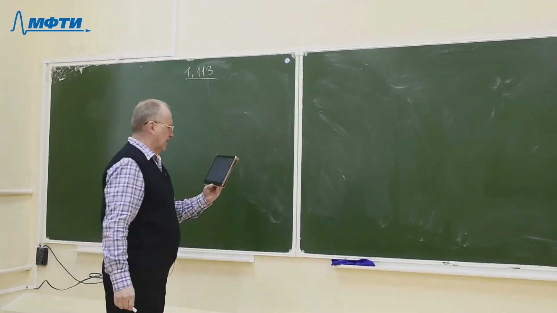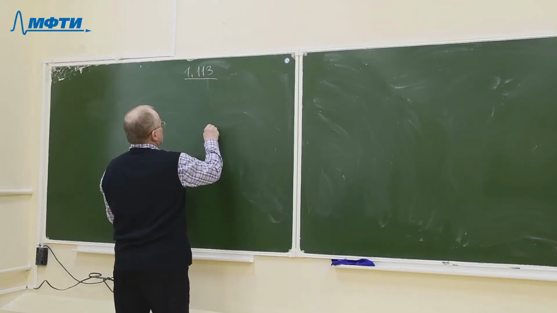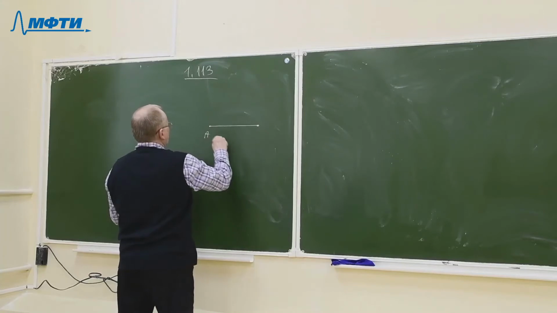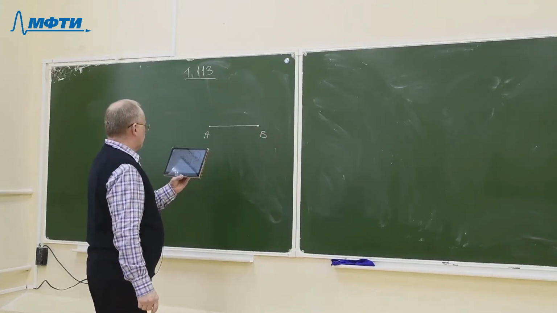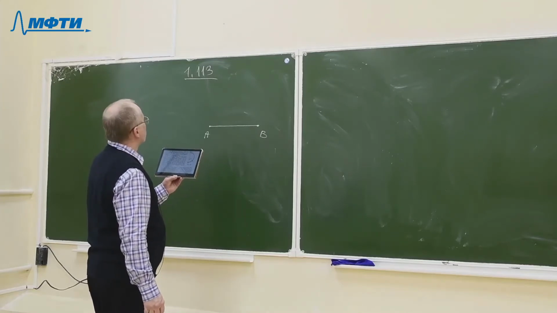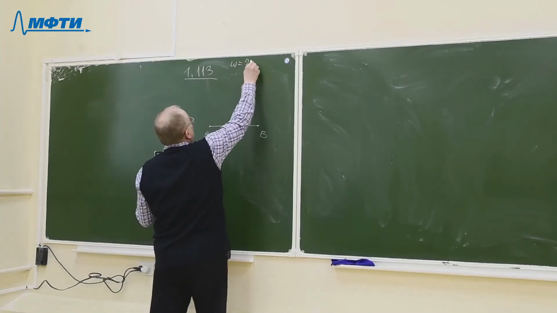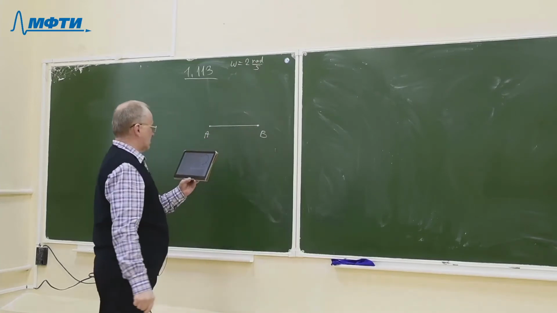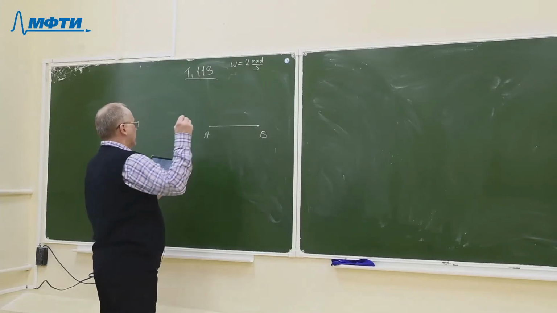A horizontal smooth rod, AB, rotates at constant angular velocity omega of 2 radians per second, about a vertical axis passing through its end A.